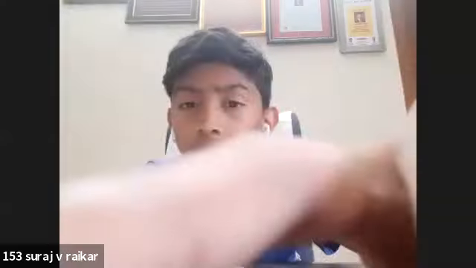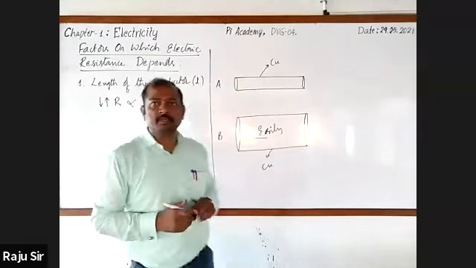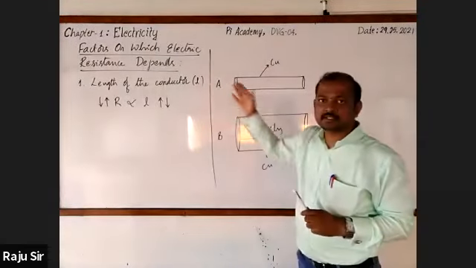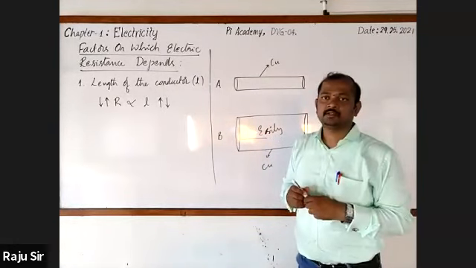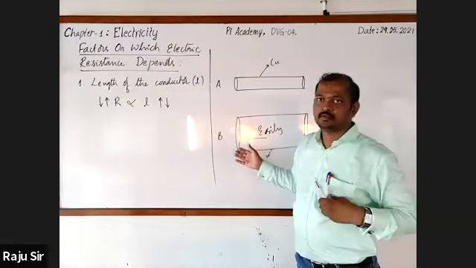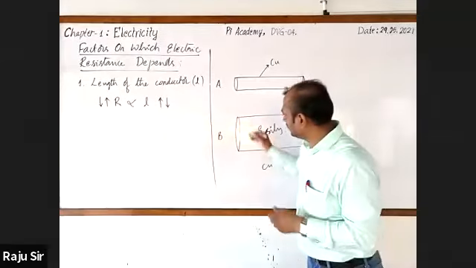Now, from this activity or from this information, we can come to know that electric resistance depends on another physical quantity. What is that? The thickness of the conductor.